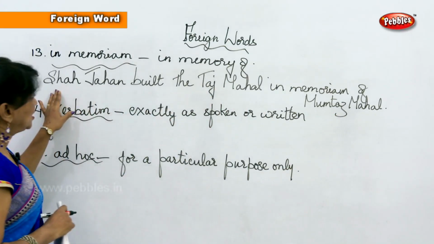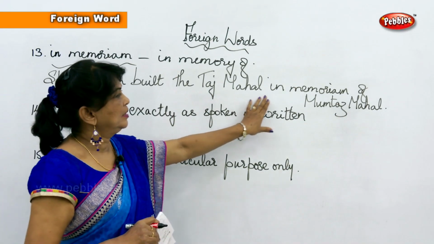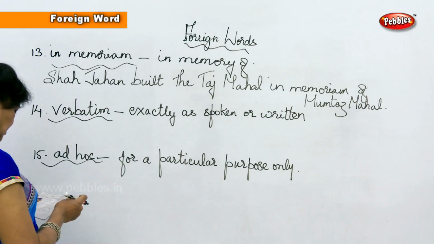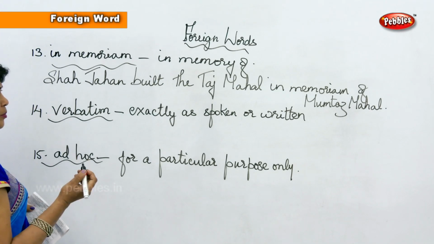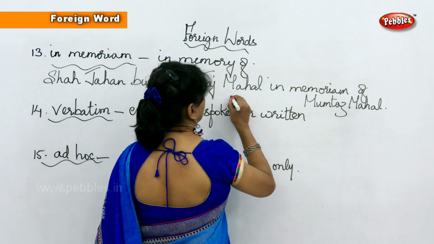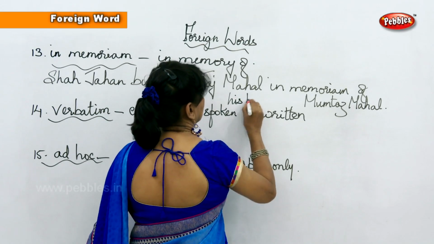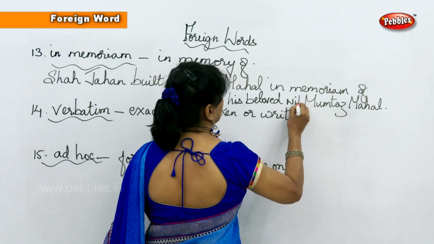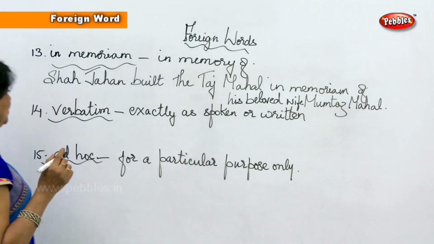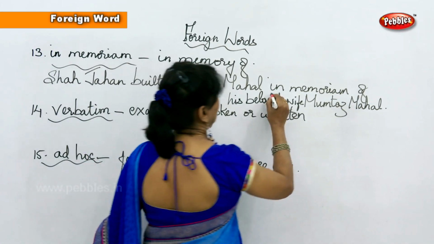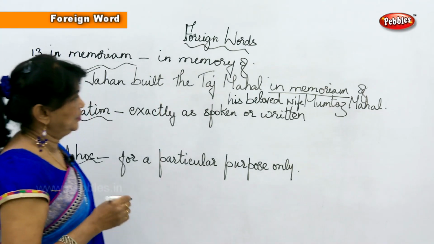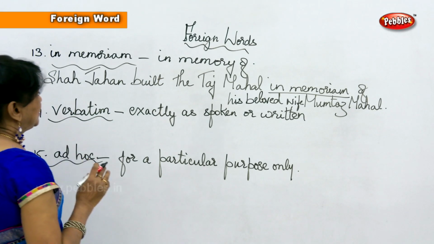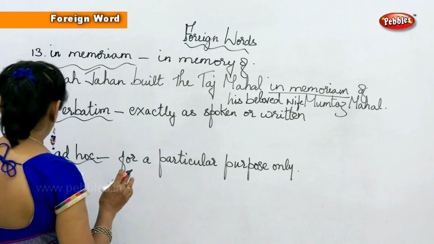Okay. Shah Jahan built the Taj Mahal in memoriam of Mumtaz Mahal. In memoriam of his wife. Okay. So in memoriam is the word. So do you understand? In memory of. Next one, verbatim, exactly as spoken or written.